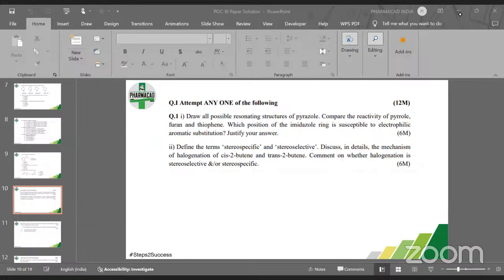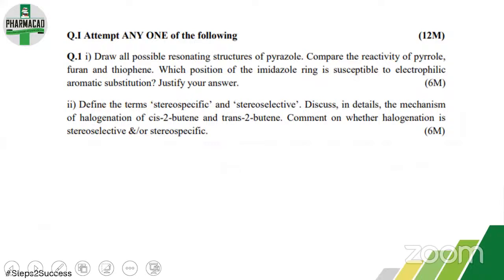The first question is asking for the resonating structures of pyrazole. As we have discussed before, pyrazole has a 5-membered ring with 2 nitrogens, on the first and second positions. So this is pyrazole.